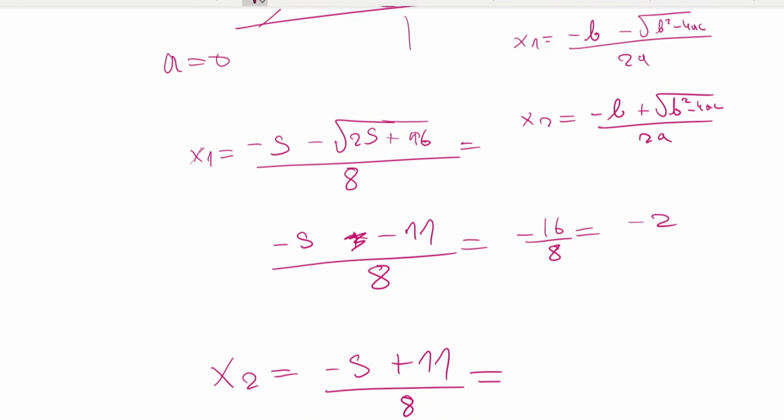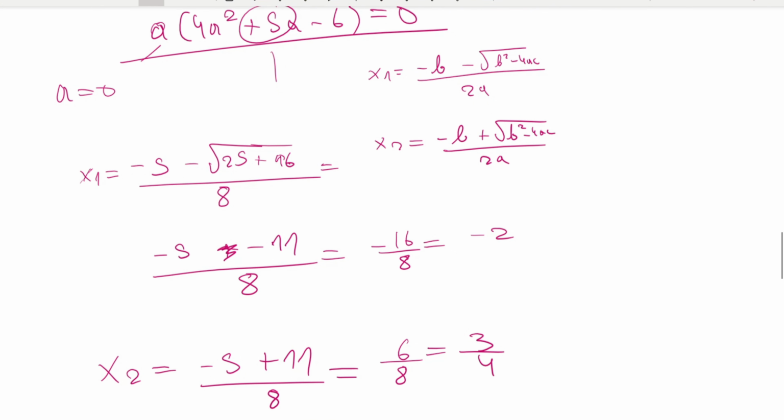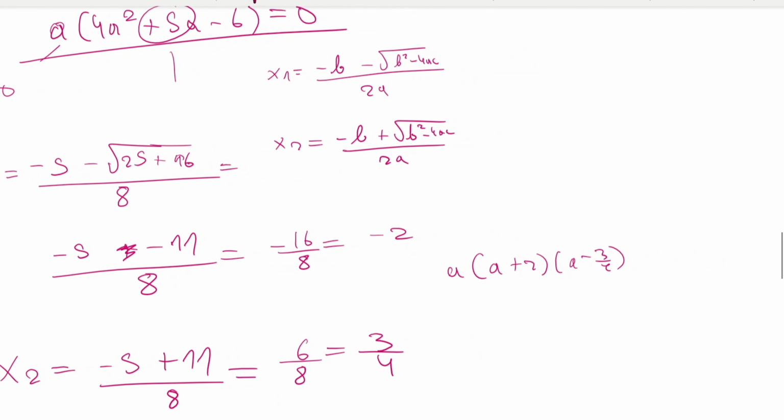So this is the same as 11 minus 5, which is going to be 6 over 8, which is 3 over 4. So now let's write it down properly. We have a, and then we have a plus 2, and then we have a minus 3/4, and they're all equal to 0. So this is 0, this is minus 2, and this is obviously 3 over 4.